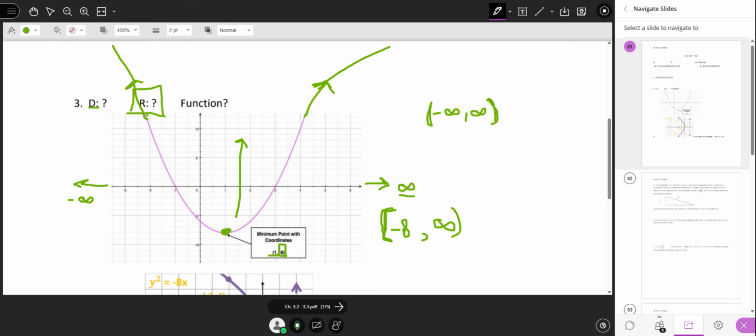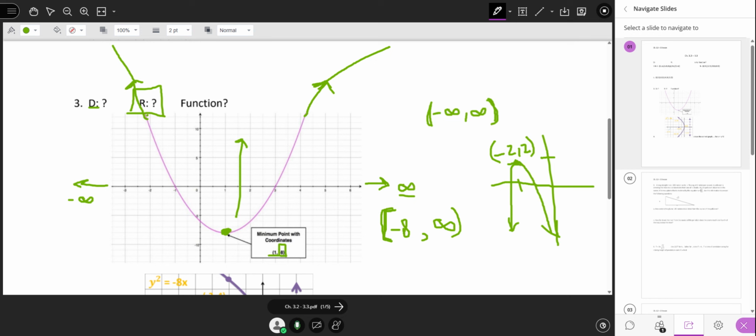Now, if it starts at negative infinity and it has an ending point, then you use the bracket at the ending point. So if it's upside down, that would change the game. Let's say the point is negative 2, positive 2.